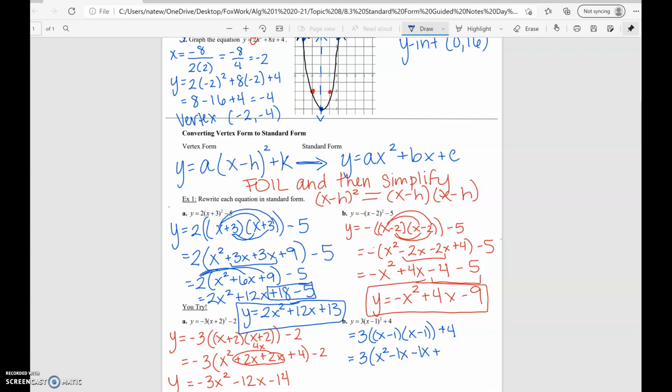And then -1 times -1 would give +1. These would become minus 2x. Distribute the 3. So we get 3x squared minus 6x plus 3. And then we're adding 4 to that. Again, I'm going to rewrite it. I'm going to combine the 3 and the 4 to get 7. And that's your final answer there.